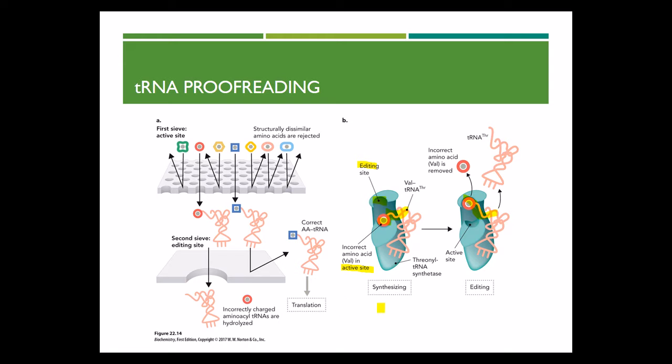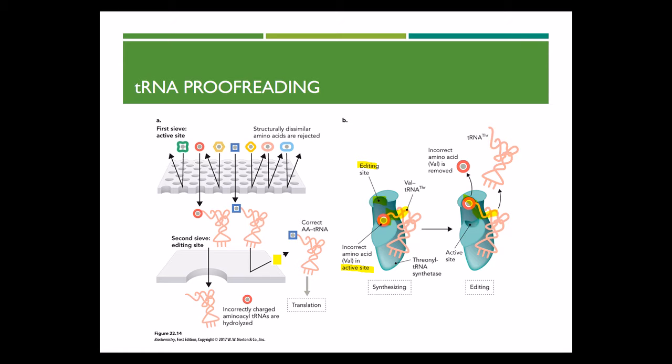So in this example, the incorrect amino acid, valine, fits into the active site, but because it does not have a hydroxyl group, it cannot interact with the zinc ion in the synthetase active site.